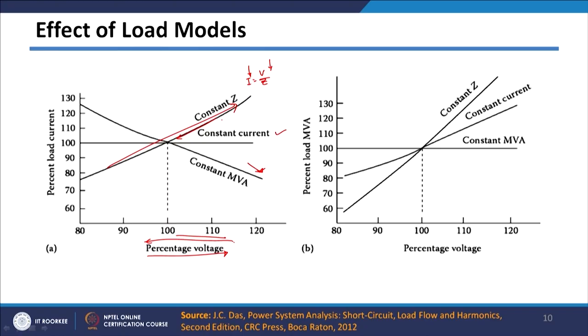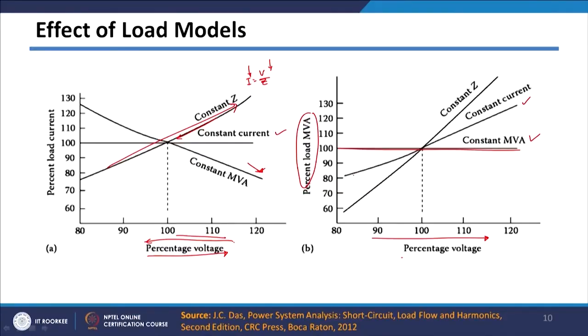Then the power relations: here I am plotting the power relation. When the percent voltage is changing, in case of a constant power load, the power should remain constant. However, in case of a constant current load, as the voltage increases and the current remains constant, the power has to increase.